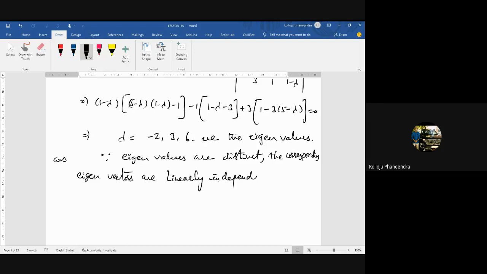So definitely diagonalization is possible.